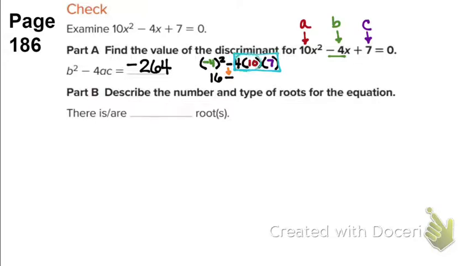Well, 4 times 10 is 40. 40 times 7 is 280. So I have 16 minus 280, which gives me negative 264. We have a negative number. That means I would have a negative underneath my radical. So there are 2 complex roots or 2 imaginary roots.